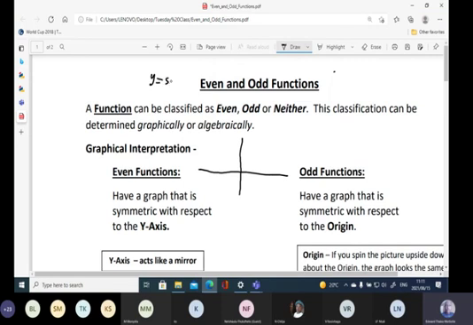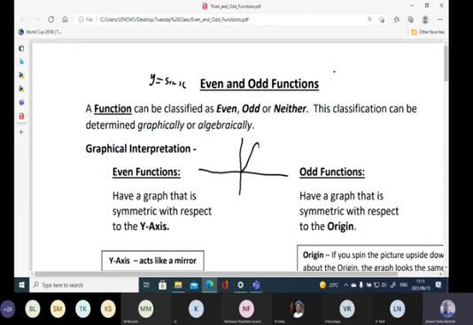y equals sine x. The graph of y equals sine x looks like this. So this is pi, and here is also negative pi.